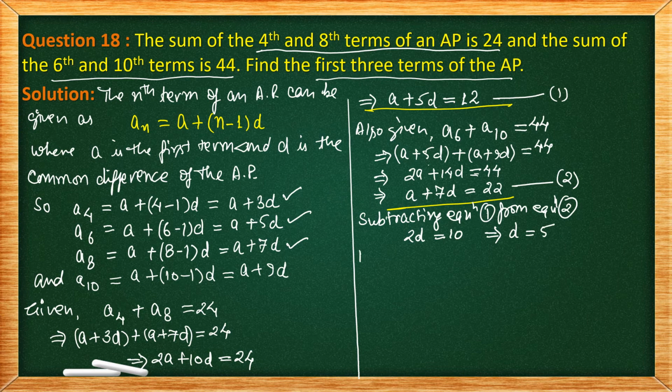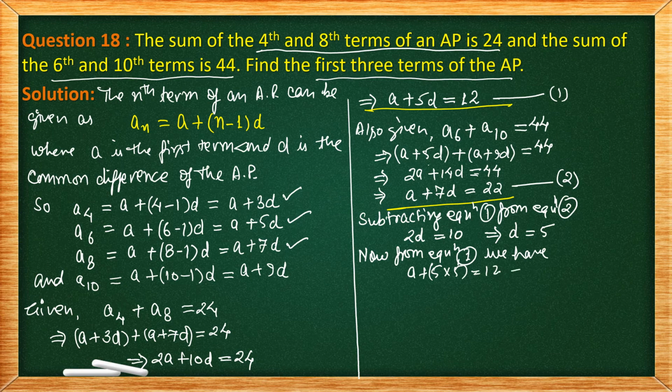Now substitute the value in equation 1. From equation 1 we have a plus 5d, where d is 5. So a plus 5 into 5 is equal to 12.